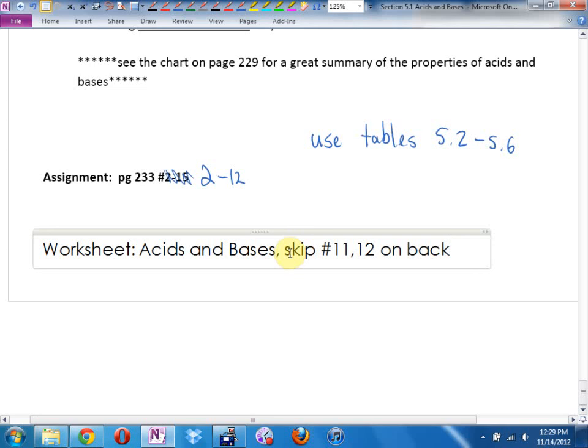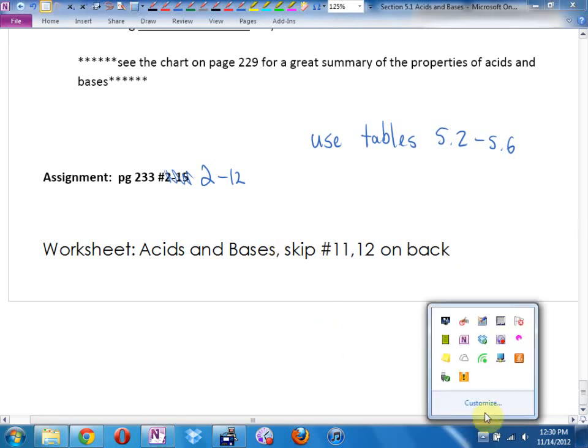Okay? So if you go through questions 2 to 12 from the textbook, the answers are not in the back, I don't think. Hang on to that. Don't hand the textbook assignment in. We'll go over the answers later on in class or first thing on Friday. The worksheet, if you finish that in class, you can certainly hand it in because that has the answers. You can check your own answers. So folks, this is your chance to get caught up.